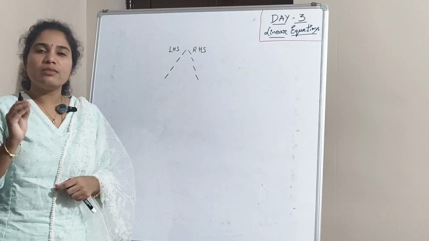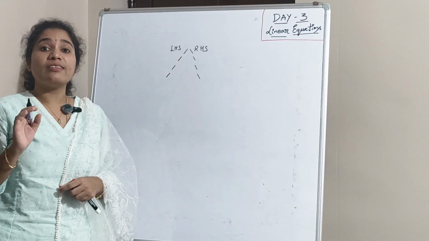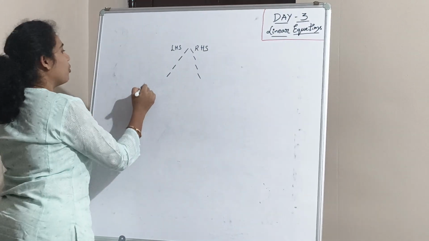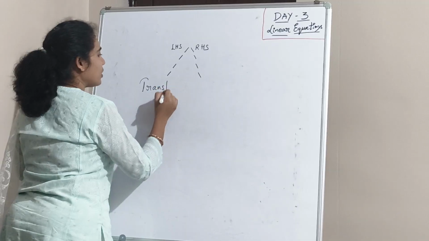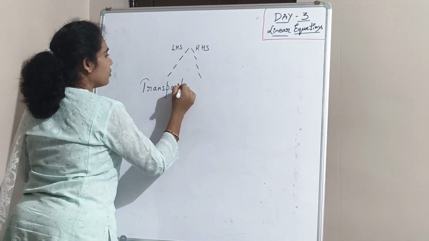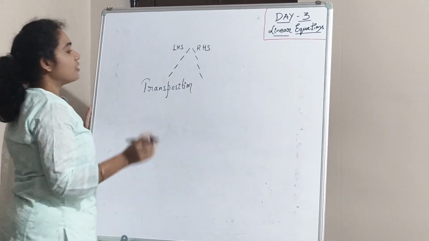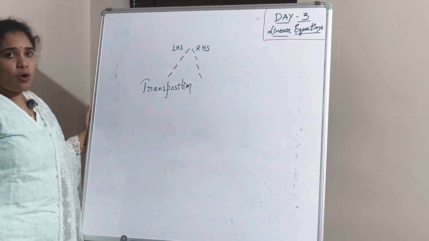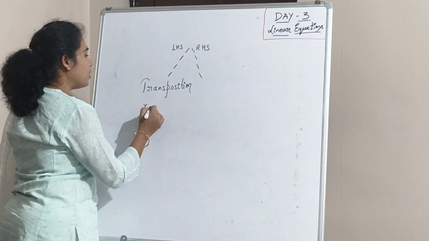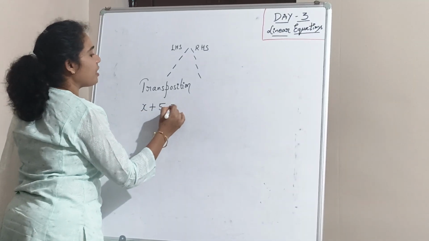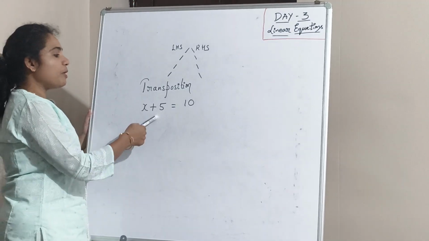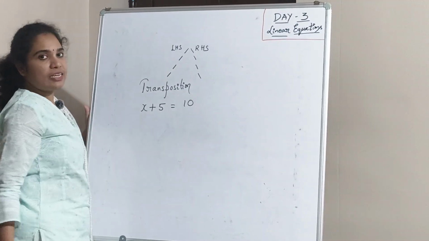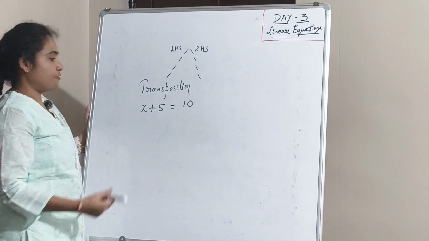Now, I'll give you a simple shortcut which is called transposition. You're going to hear this word transposition from now onwards. What is it? If you have an equation like x plus 5 is equal to 10, and you move this plus 5 to the RHS, it becomes minus 5.